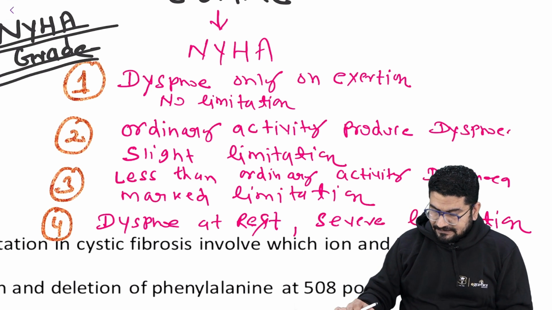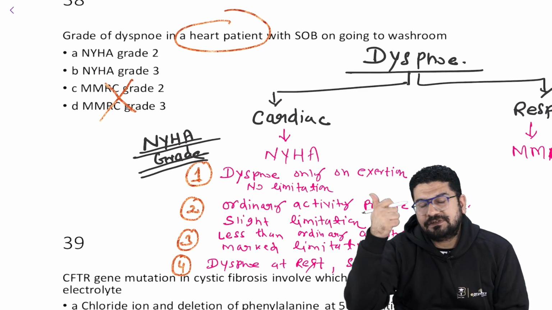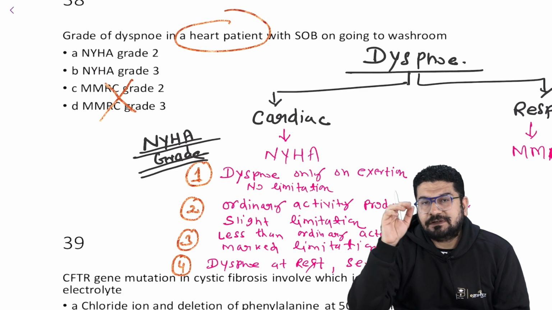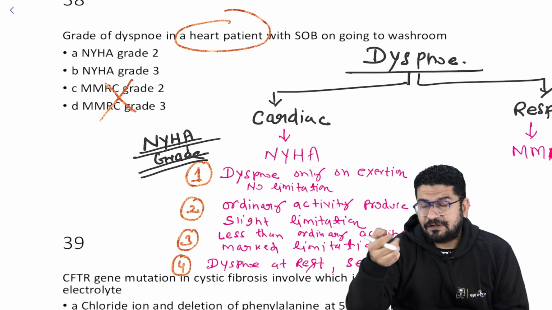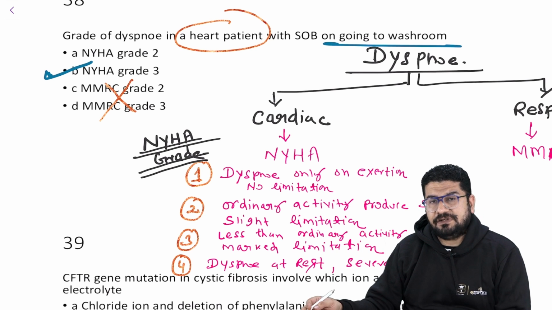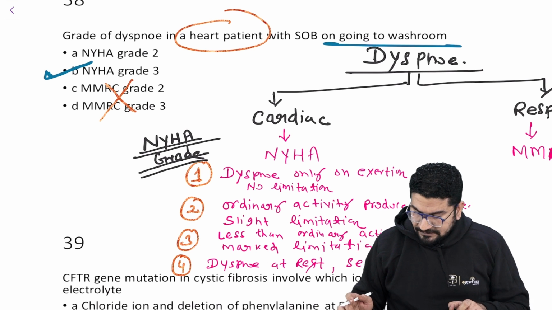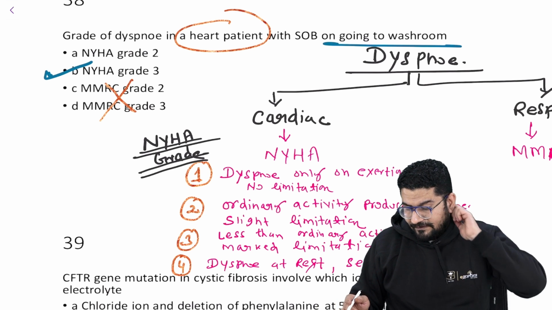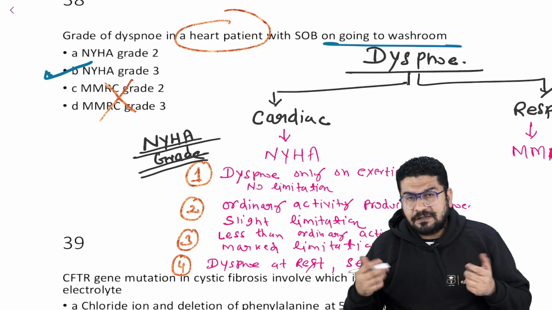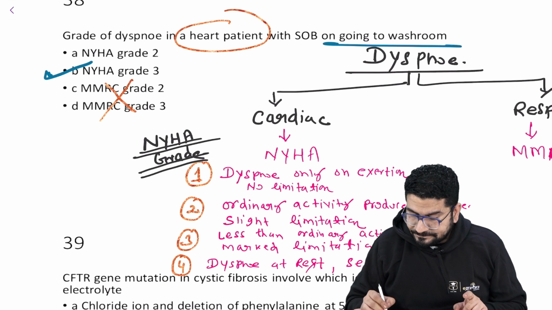So if you have to choose the answer, remember: NYHA grade 1 they are normal, grade 4 severe, grade 2 ordinary activity, and going to the washroom is less than ordinary activity. So the answer for this question will be NYHA grade 3. Simple. Is it clear? Suppose they ask you dyspnea while changing clothes, that is also grade 3. At rest, doing nothing, they are having dyspnea, that will be your grade 4.